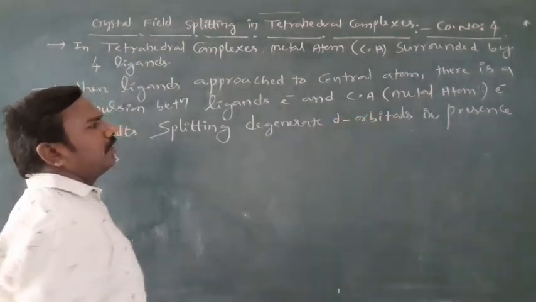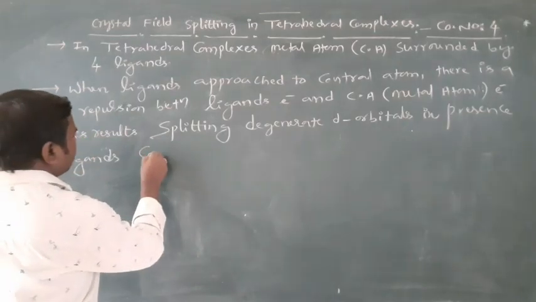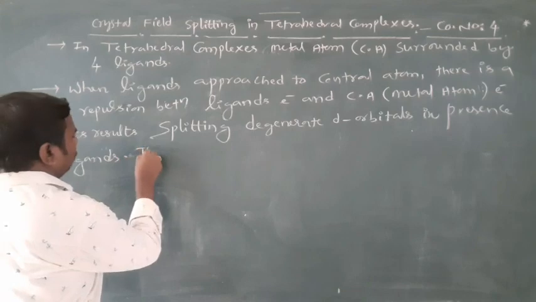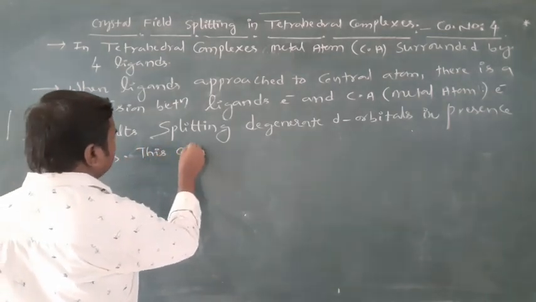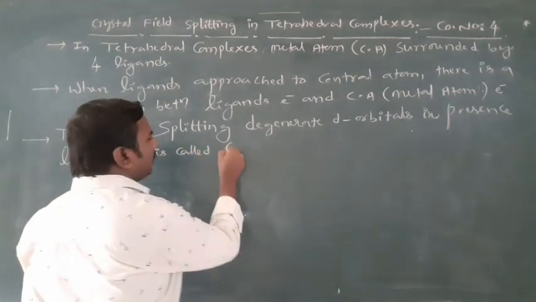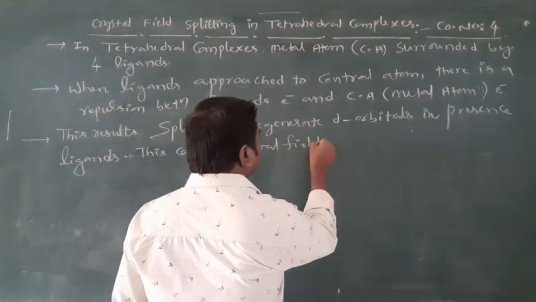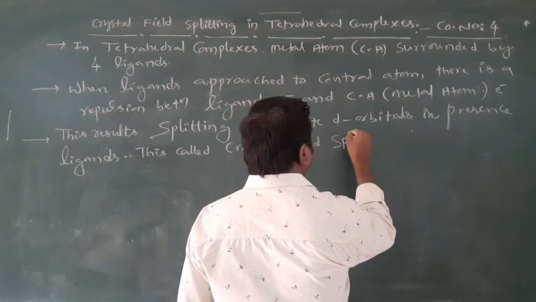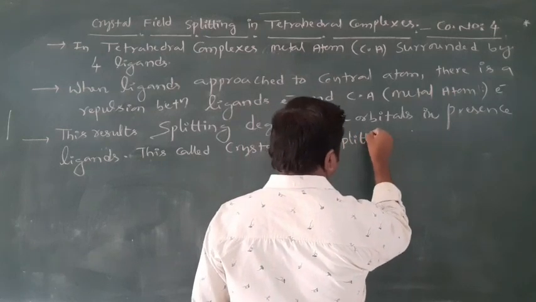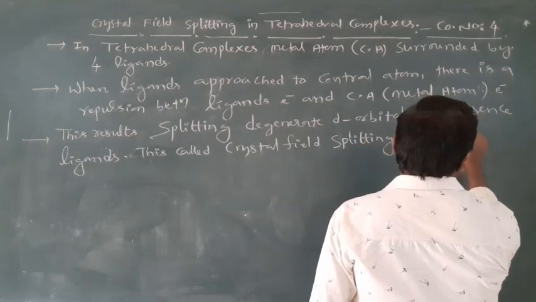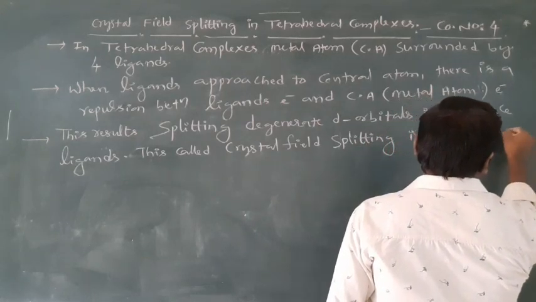This splitting of degenerate d orbitals in the presence of ligands is called crystal field splitting in tetrahedral complexes.